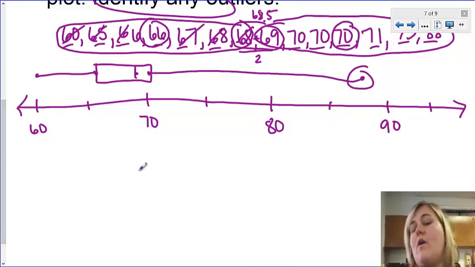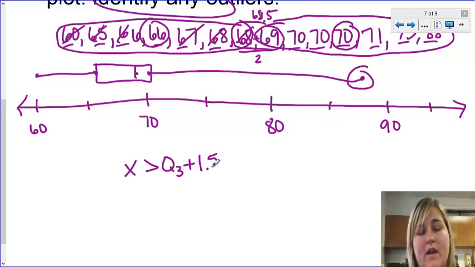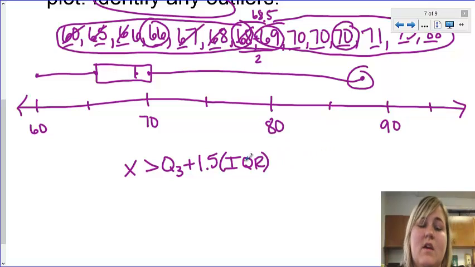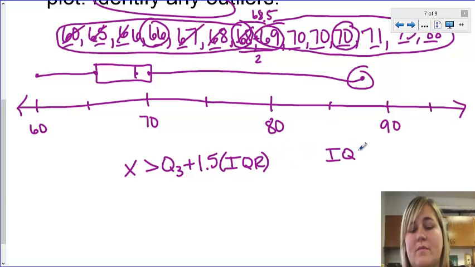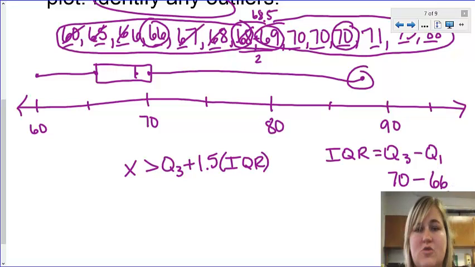So I have x, if x is greater than the third quartile plus 1.5 times the IQR, then it is an outlier. So to find the IQR, we remember we have to use Q3 minus Q1. So Q3 is going to be this one, which was 70, minus Q1, which was 66. So when I subtract those, I get 4. Okay, so the IQR is 4.